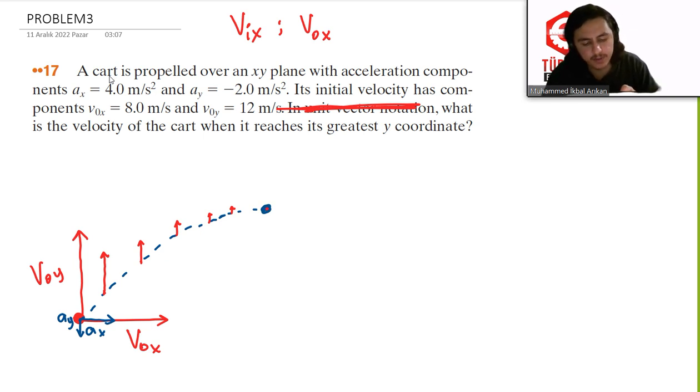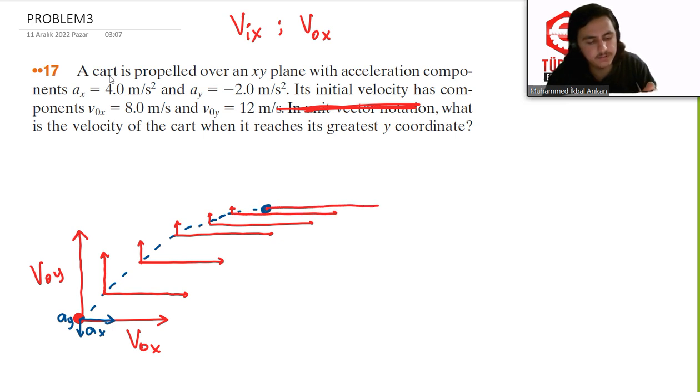What about the x component? You started with this one, but you are accelerating, so it will be bigger. Here you will have a bigger one, and here a bigger one, and here a bigger one. When you reach here, you will have only the horizontal component of velocity. So I'm accelerating in x, but decelerating in the y-axis.